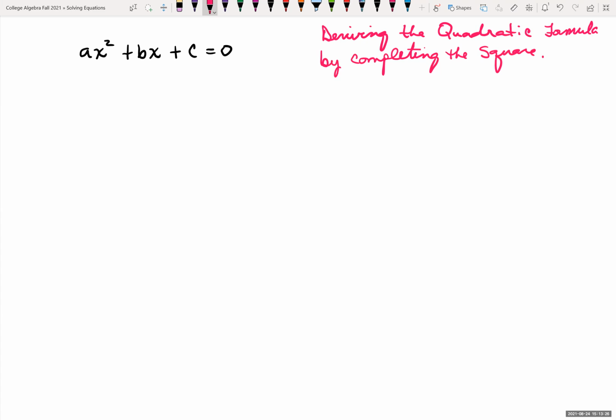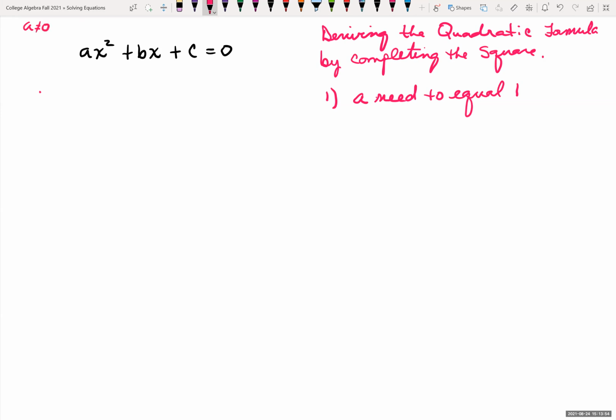So first thing that we need is 1. The coefficient a needs to equal 1. So since I have this generic form in front of me, ax squared plus bx plus c equals 0, stipulation: a can't be 0 or it's not quadratic.